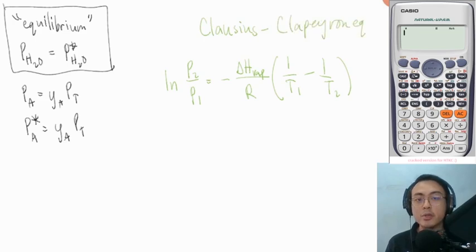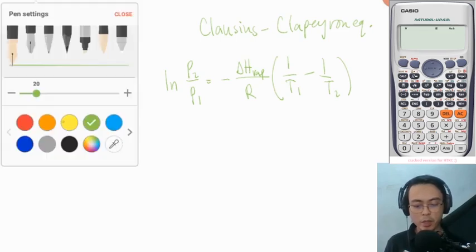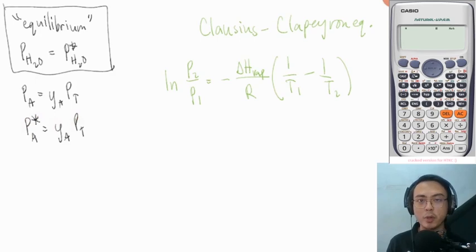Well, you can still use this. What you need here are two sets of values of pressure and temperature. If you know the substance, for example water, you can easily find a value of the enthalpy of vaporization of water at atmospheric pressure. Since R is a constant, you simply need a reference temperature T1 and a reference pressure P1.